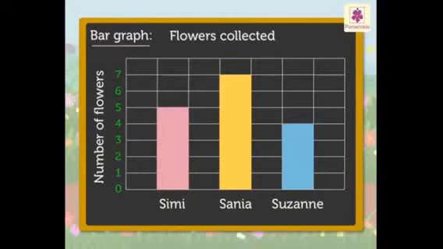The scale tells us how many flowers were collected. Hence, from the bar graph we can say Simi collected 5 flowers, Sanya collected 7 flowers, and Suzanne collected 4 flowers.